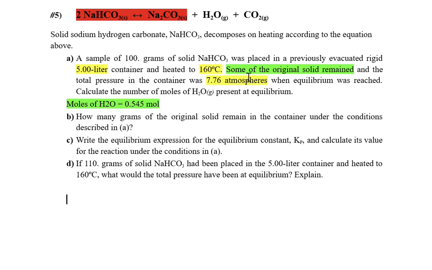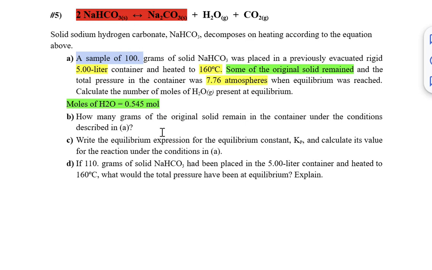We can see that it says in the problem that some of the original solid remains. Okay? So now it's asking how many grams. We started off with 100 grams. Great. We know that we have 0.545 moles of H2O. Here we can begin to look at the coefficient because it is directly asking about the solid.